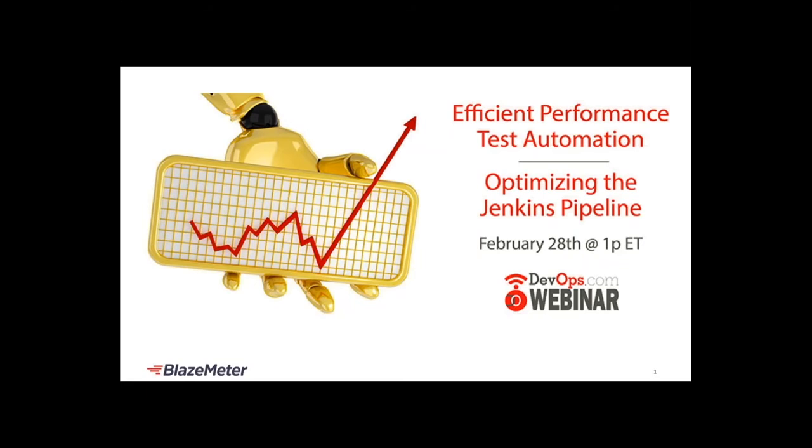Today's webinar, as I mentioned before, is on efficient performance test automation and optimizing the Jenkins pipeline. For me, why I'm really excited about this is because it brings together what I think are two of the most dynamic pieces of the DevOps marketplace today: Jenkins Pipeline, in Jenkins 2.0, part of the whole CloudBees Jenkins community, and test automation. I don't think there's any topic as hot as test automation today in DevOps and SecDevOps, in all phases of IT.